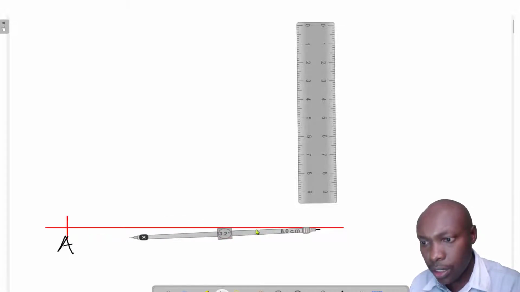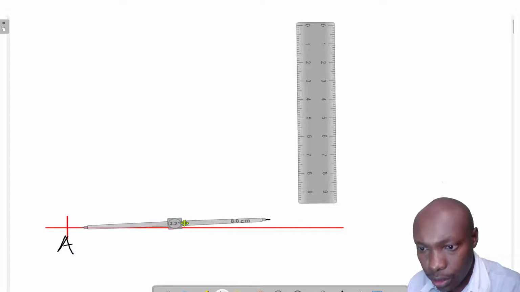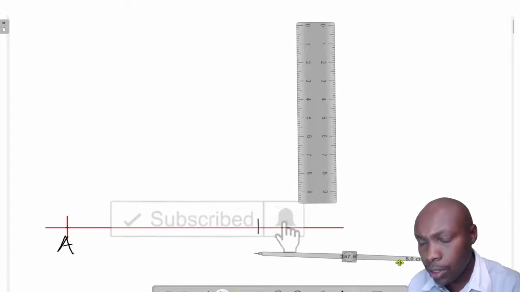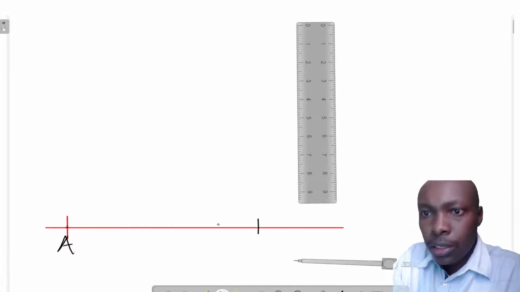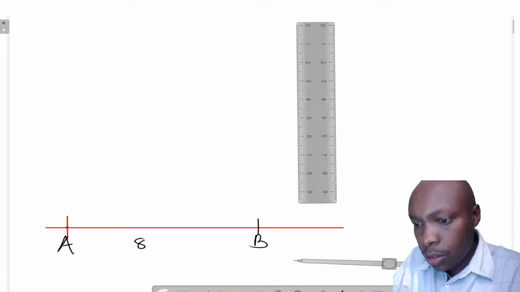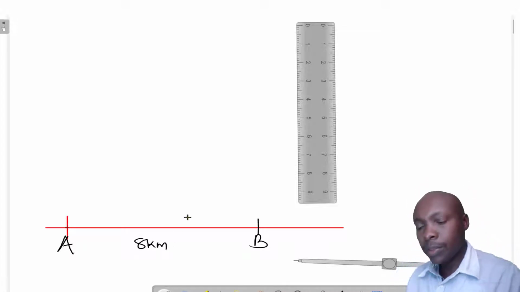With that, let me return this here. Now the point should be there, so I can mark it. That point should be indicated by B, and this is 8 kilometers.